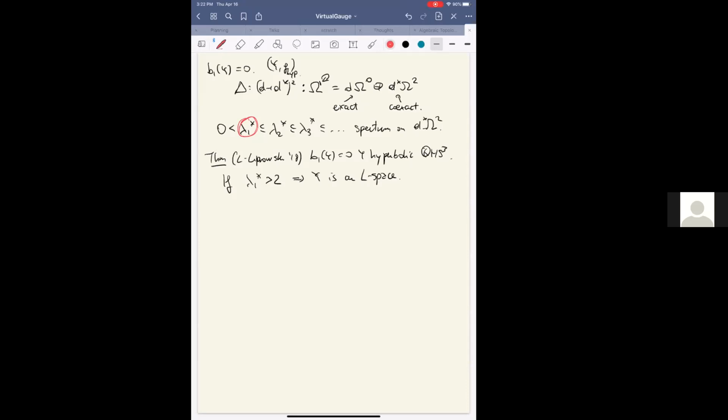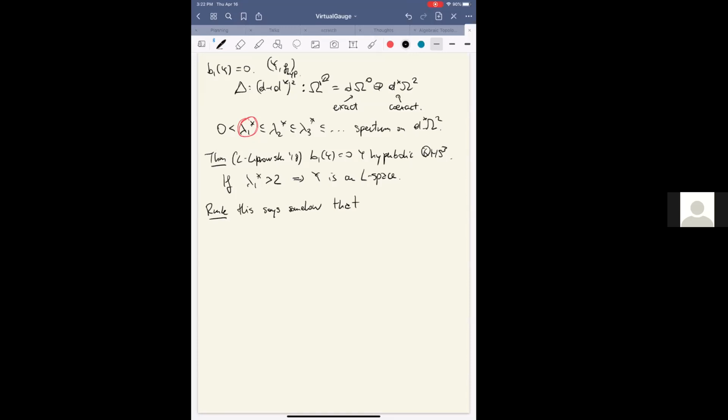Let me just remark on the way I like to think about results. You can think of the contrapositive. The contrapositive says that if Y is not an L-space, then lambda 1 star is small.